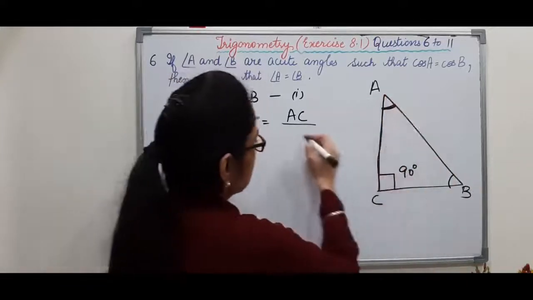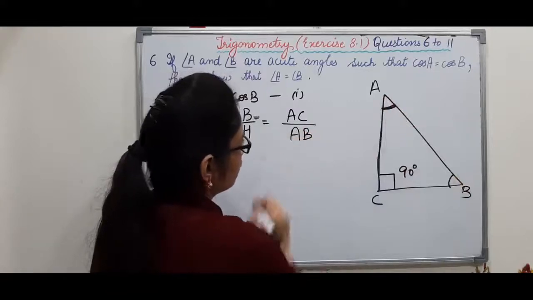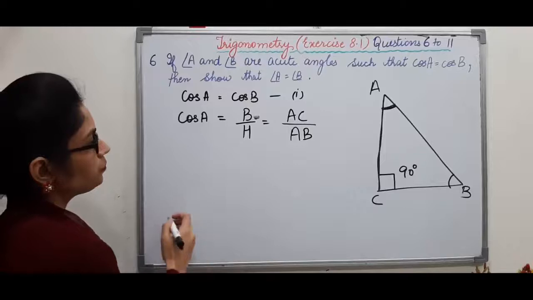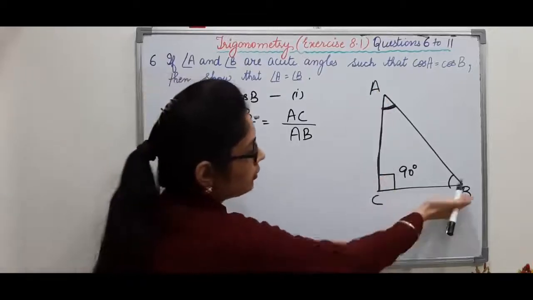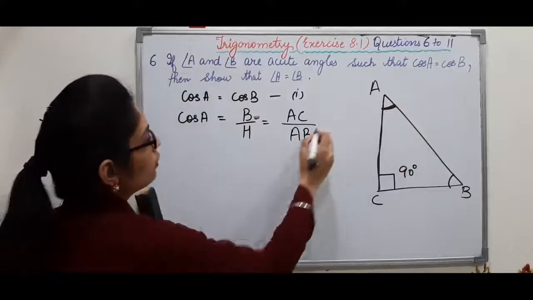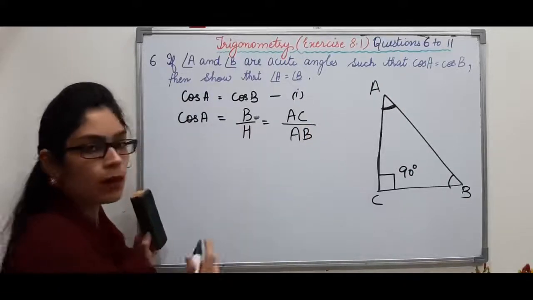Hypotenuse is AB, the longest side of the triangle, or the slant side also you can say, because these two are the straight ones. So the slant side of the triangle is the hypotenuse. So cos A is AC upon AB.